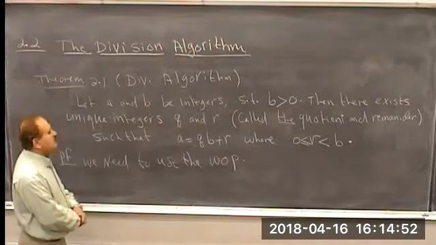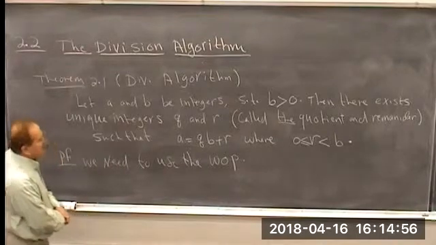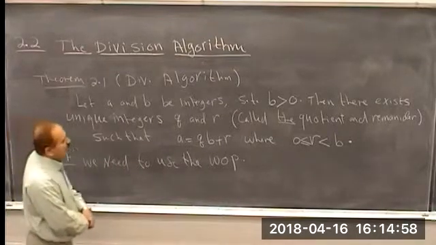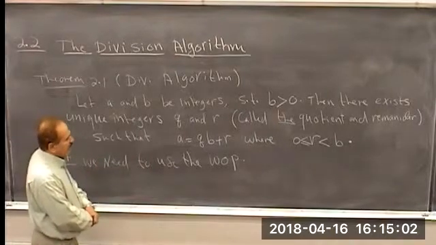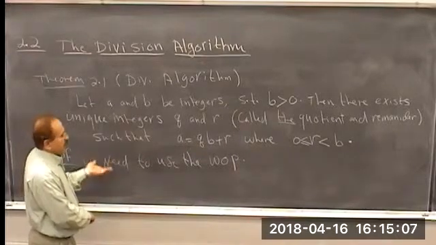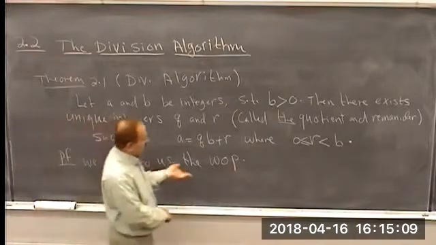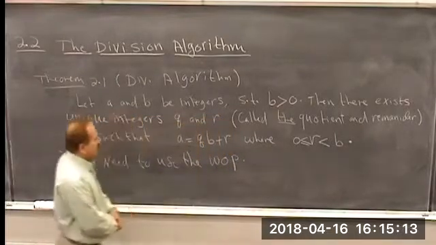To use the well-ordering principle, we need to come up with a non-empty set of non-negative integers, and then by the well-ordering principle, this set is going to have a least element.